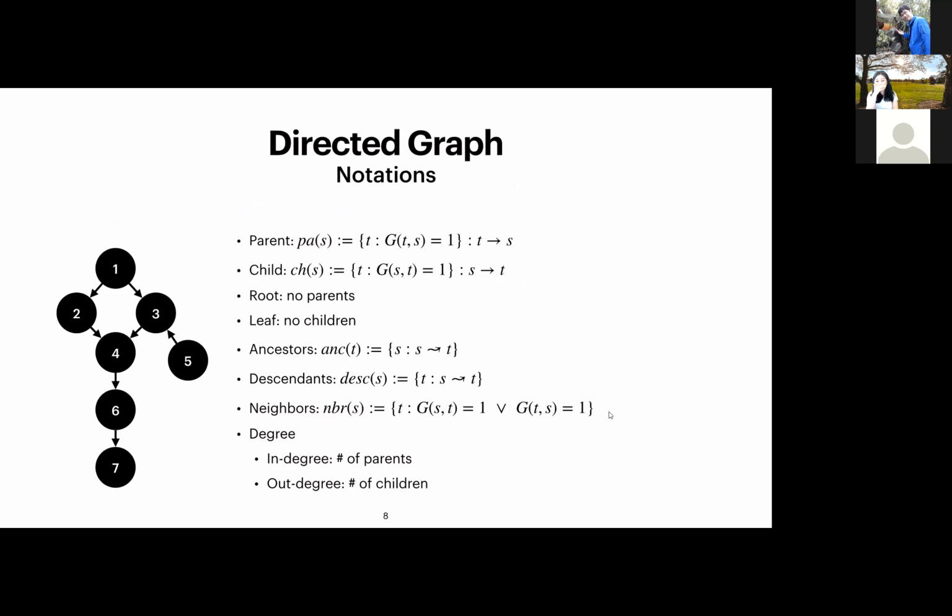So for the directed graph, I wanted to introduce the notations of parents, child, root, leaf, ancestors, descendants, and neighbors.